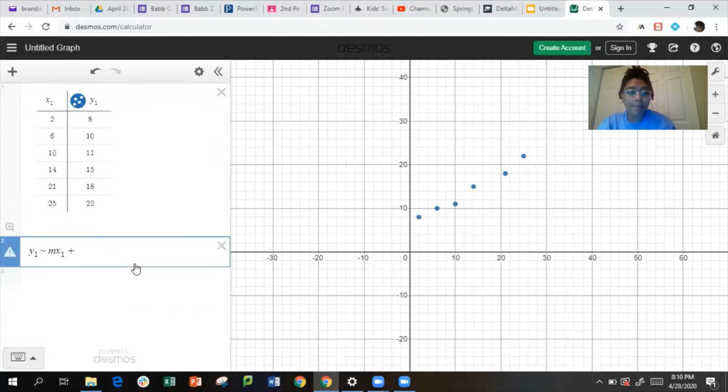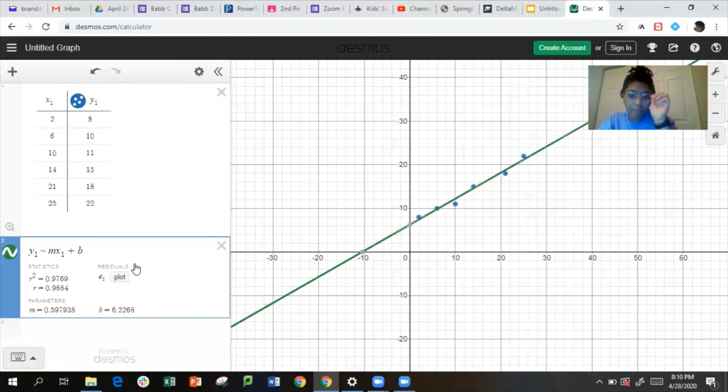then plus b, okay? So with me doing that, now I can look at what my line of best fit would be here, okay? So basically my slope here is 0.597938. You can round that. And my y-intercept here is 6.2268. And you could also just round that.